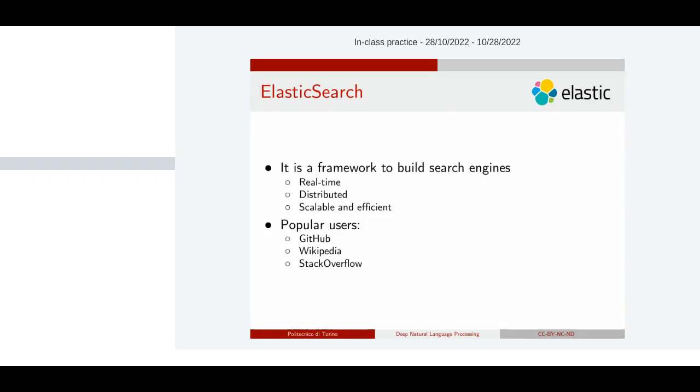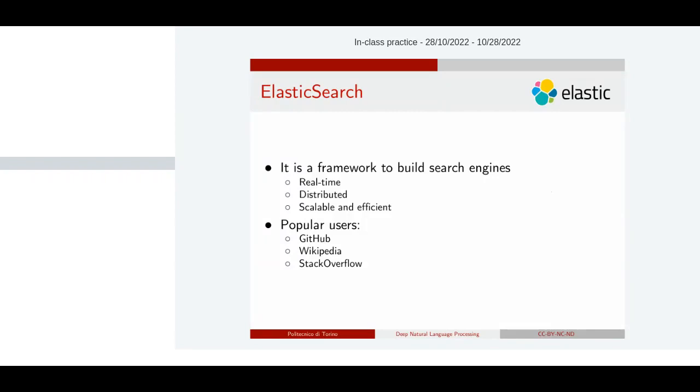This is a more applied topic. We have an idea of how to build search engines, and we can actually build them with Elasticsearch, a framework to create search engines. It's very, very fast, you cannot imagine. It's used for real-time searches.